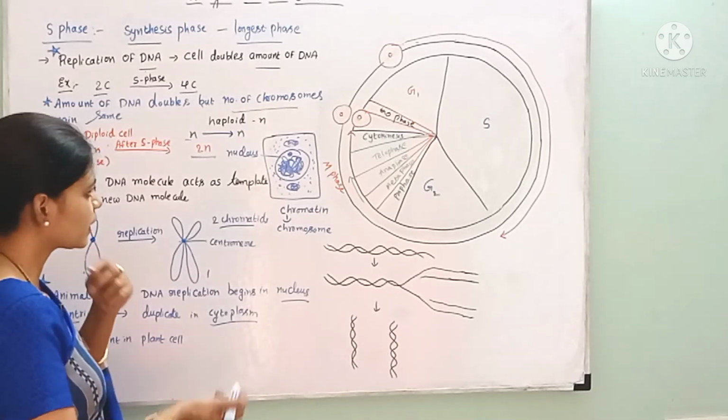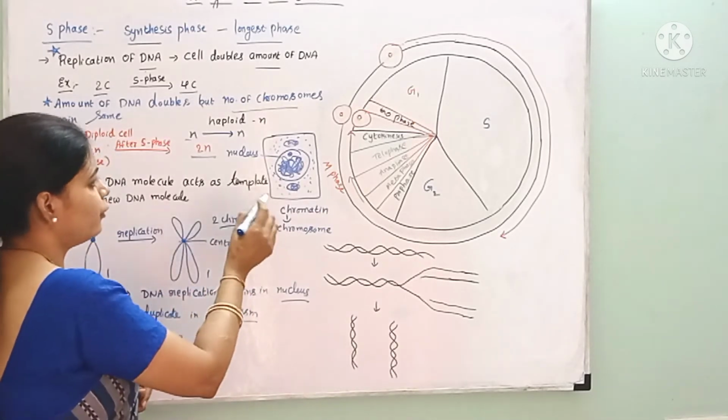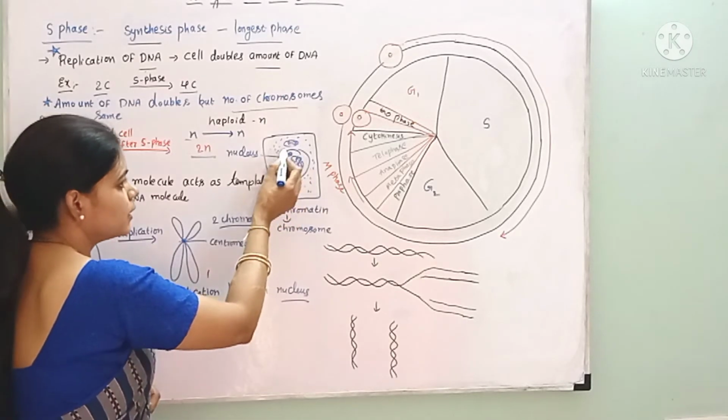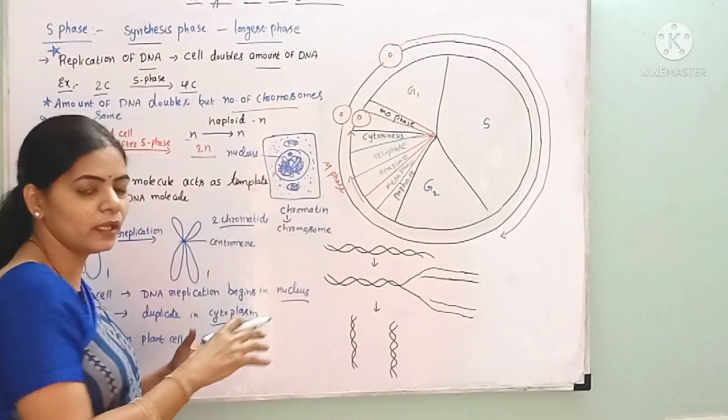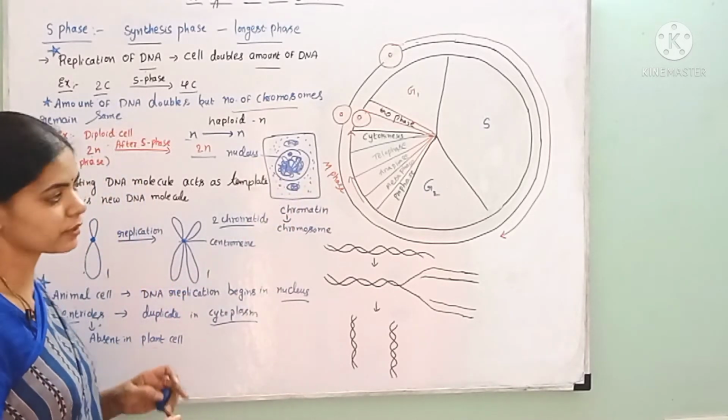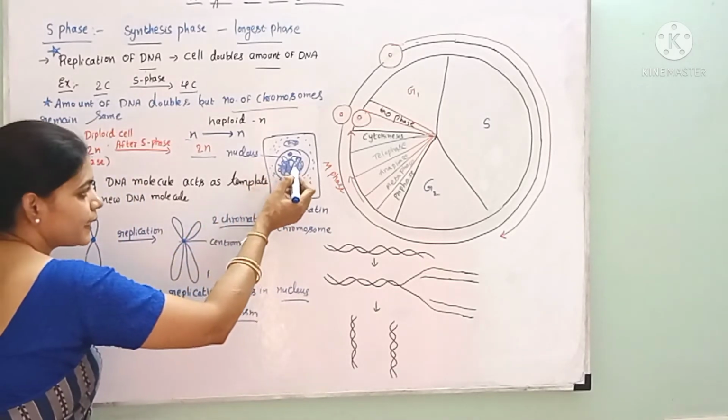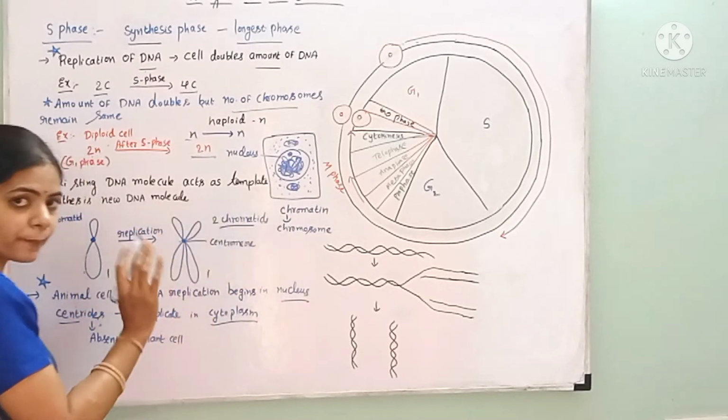Now, in the cell, before cell division, what happens? In the nucleus, the genetic material is in the form of a thread-like structure. This thread-like structure is called chromatin. During cell division, what happens?